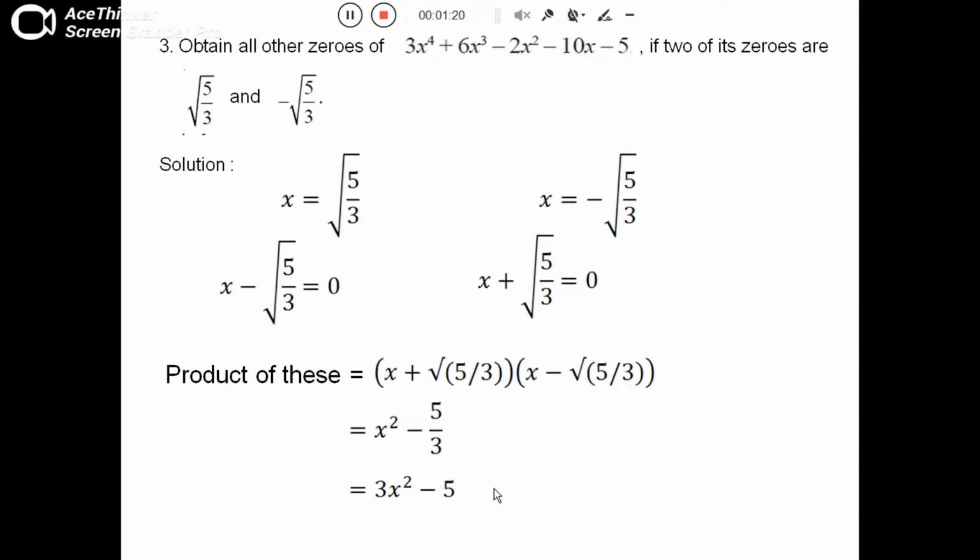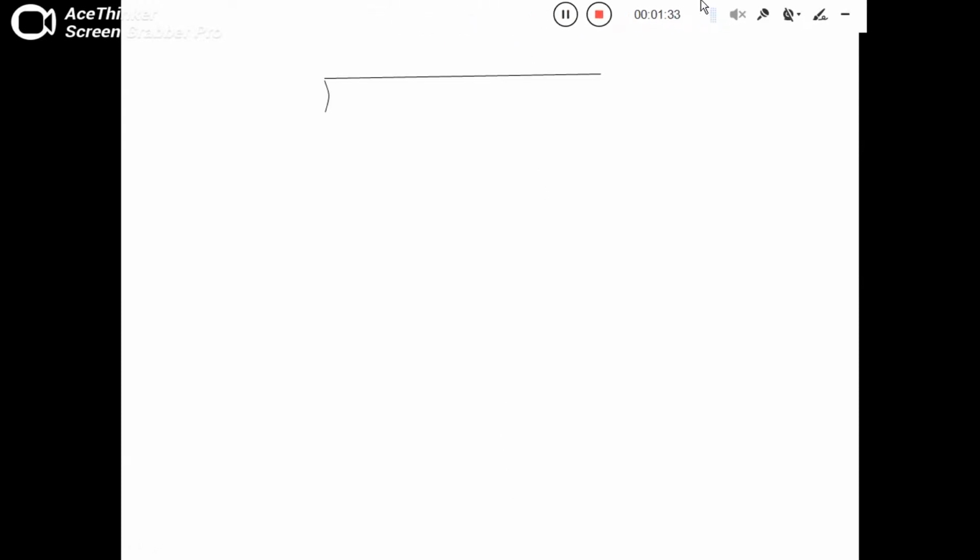Now let us divide this given polynomial by 3x square minus 5. Okay, see the division carefully. In the division, write down the dividend 3x raised 4 plus 6x cube minus 2x square minus 10x minus 5. So dear students, see in this the powers are given in descending order.